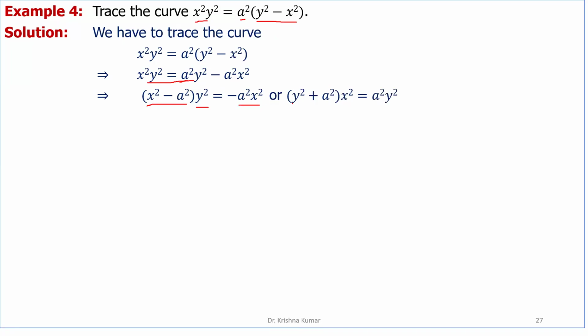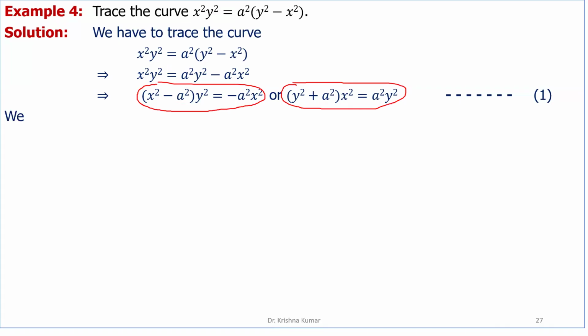If we replace this term to this side, we are getting y square plus a square into x square, which is equal to a square y square. So we can rearrange this equation in two ways. This is the first way and this is the second way.